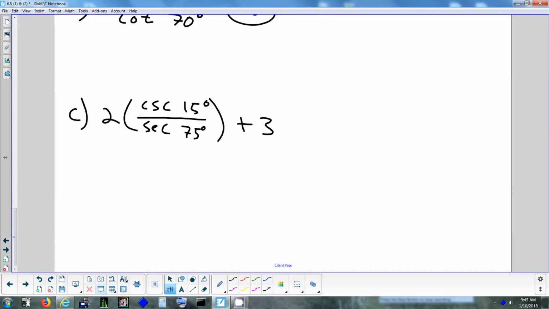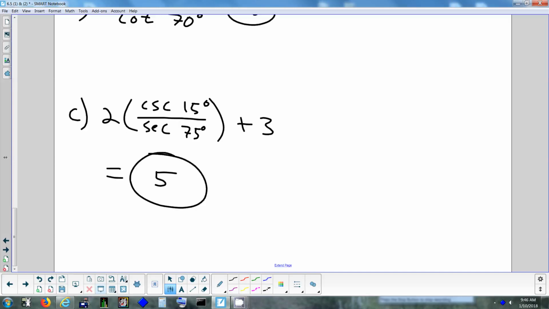Okay, so take a second and see if you can figure out that one. Cosecant 15. Well, 2 times the cosecant of 15 divided by the secant of 75, plus 3. Yeah, Sam? 5.